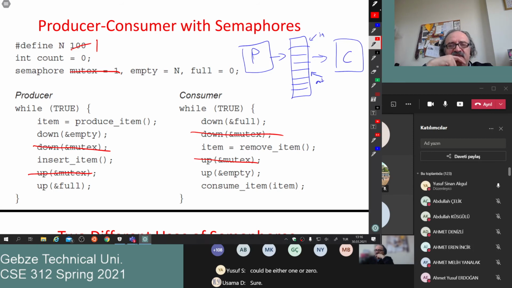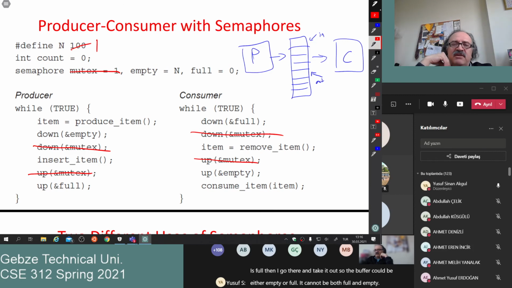If the buffer is empty, then I will go in there and do whatever I want, and I say that it is full now. If the buffer is full, then I go there and take it out. So the buffer could be either empty or full. It cannot be both full and empty, right? So in this case, it is behaving like a mutex, two of them.